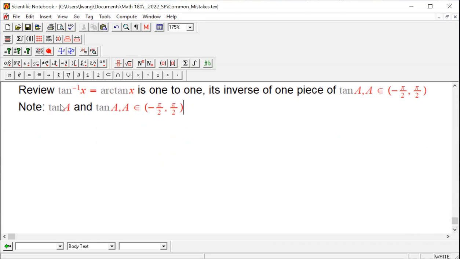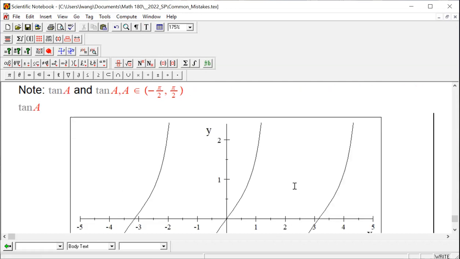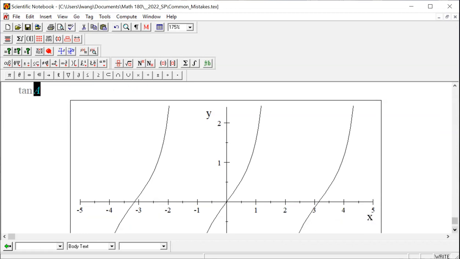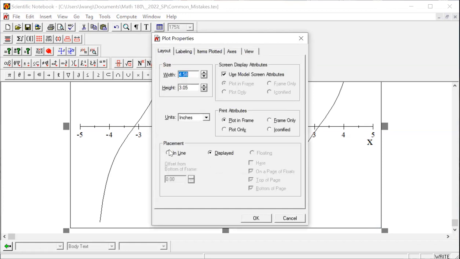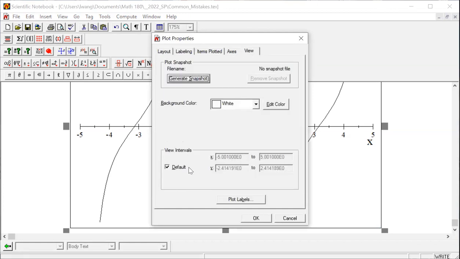This tangent function has many pieces. If we graph it, this is the tangent function, and we have many such pieces. I'm going to give you more pieces.